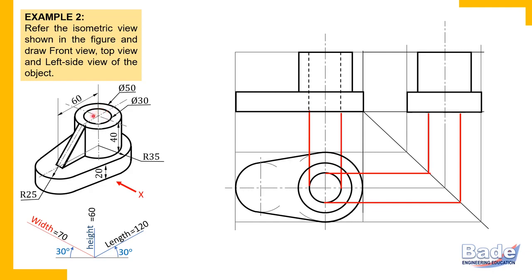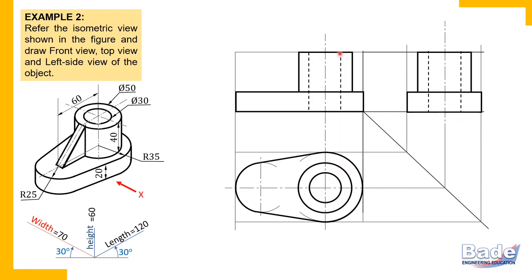Now the hole has a circular edge at the top, that is the opening of the hole, and a circular edge at the bottom also, that is the opening of the hole on the base. So this circular edge is here, that is hidden, and this edge coincides with the top edge of the cylinder. The top edge of the hole coincides with the top edge of the cylinder. When a hidden edge coincides with a visible edge, we show the hidden edge. So here there is an edge of the hole also, which is coinciding with the edge of the cylinder. It is there. So if I ask you where is the hole in the front view, you show me this rectangle.